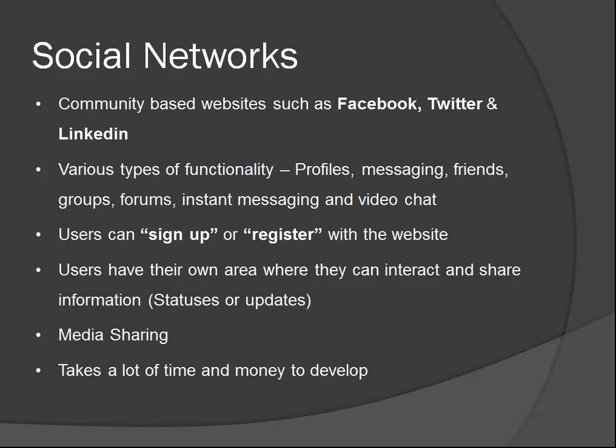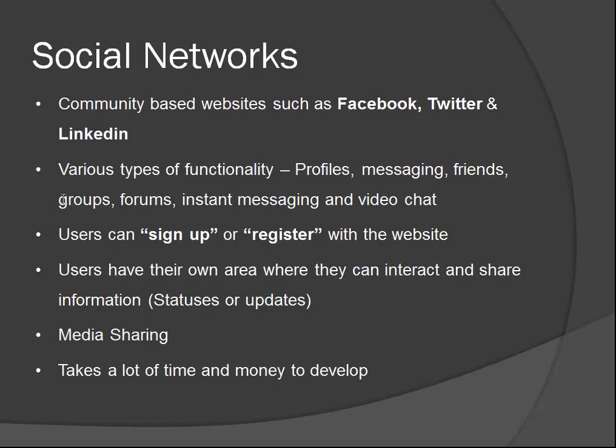Okay, social networks. I'm sure everyone knows what this is. Facebook, Twitter, LinkedIn, and different social networks have various types of functionality. Some of the most common are profiles, some kind of messaging system, friends, groups.